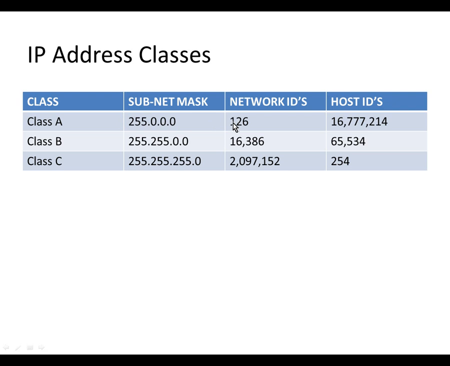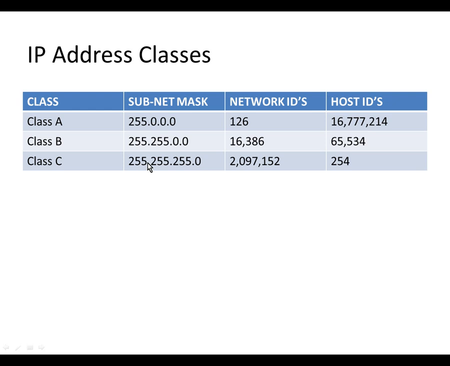There are only 126 Class A networks, but boy are they big. 16 million potential hosts in each Class A network, something like Department of Defense. And at the other end of the extreme, we have a Class C network with a subnet mask of 255.255.255.0.